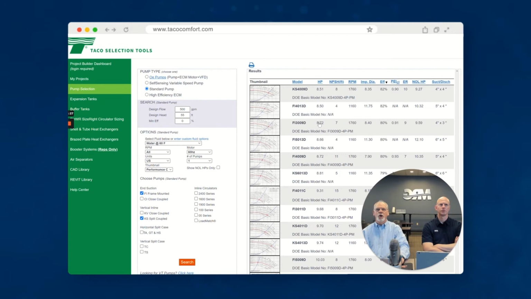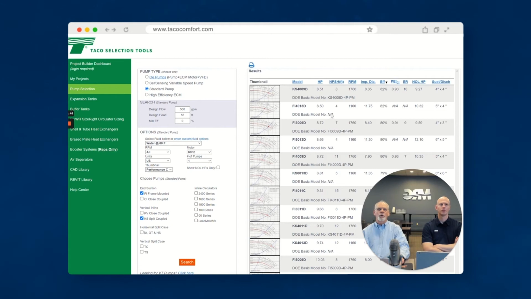If that gets too low, you'll get cavitation in your pump. And what that does, you don't have enough pressure, and now your water is vaporizing in your pump. And it causes cavitation there, which can damage your impeller and your pump.